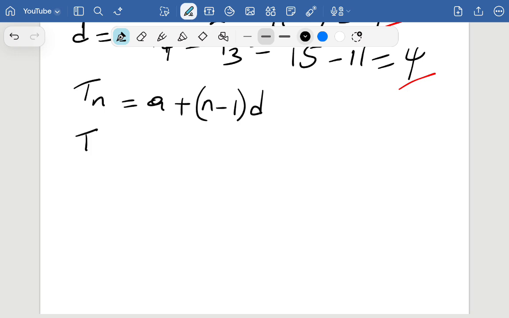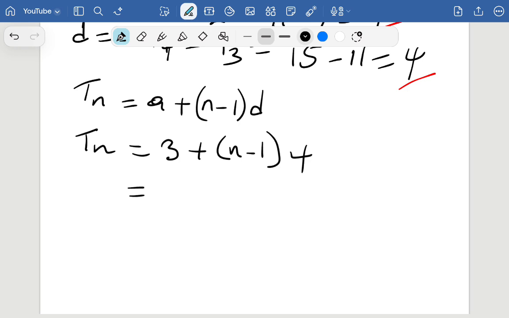Write Tn is equal to, we said our a is 3, plus (n minus 1). What is the value of d? The value of d is 4.